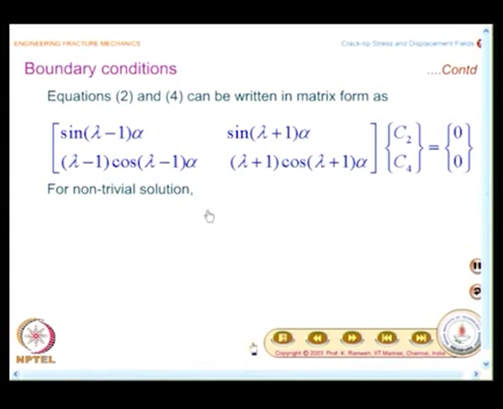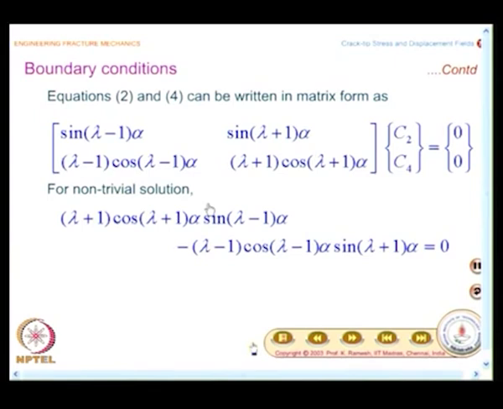For a non-trivial solution the determinant should go to 0, and it could be written in a fashion convenient for simplification. You group all the terms involving lambda and just take out this 1. From that, it is possible to simplify this as minus lambda sin 2 alpha plus sin 2 lambda alpha equal to 0.